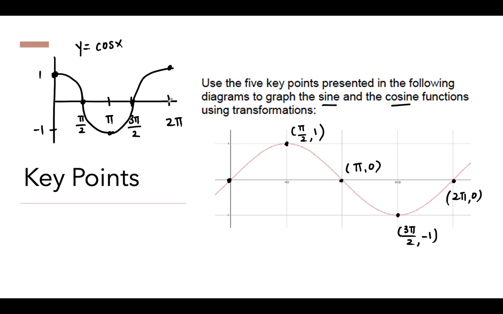Okay, 5 key points that you should memorize. It will come in handy if you understand how the sine graph looks. So this is for sine, and this is for the cosine graph.